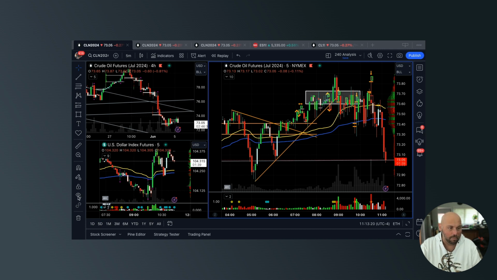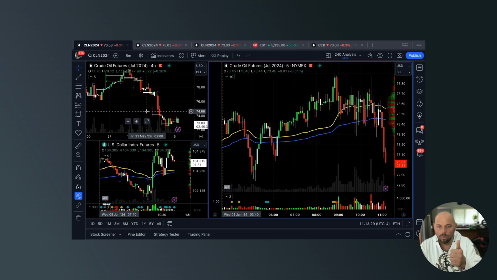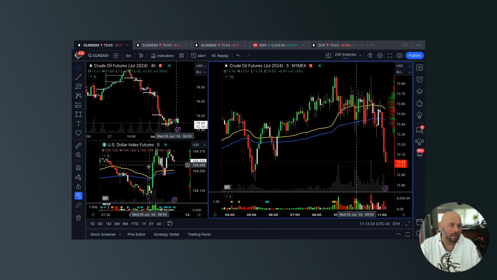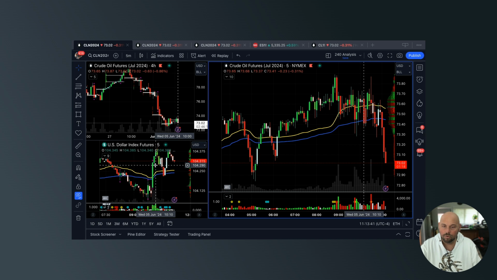If you want to see my screen as I come to it in the morning, that's what it looks like. My top left is my 4-hour chart that houses weekly, daily, and 4-hour analysis. My bottom left chart is the US dollar index. Commodities and the indices typically react to this. If this is trending strong in a direction, I want to be aware of it.